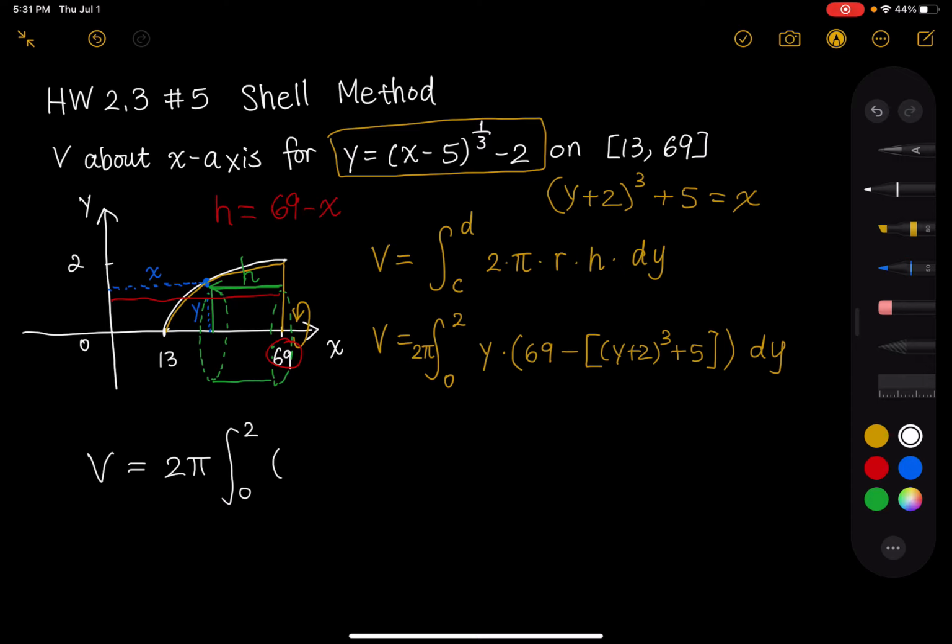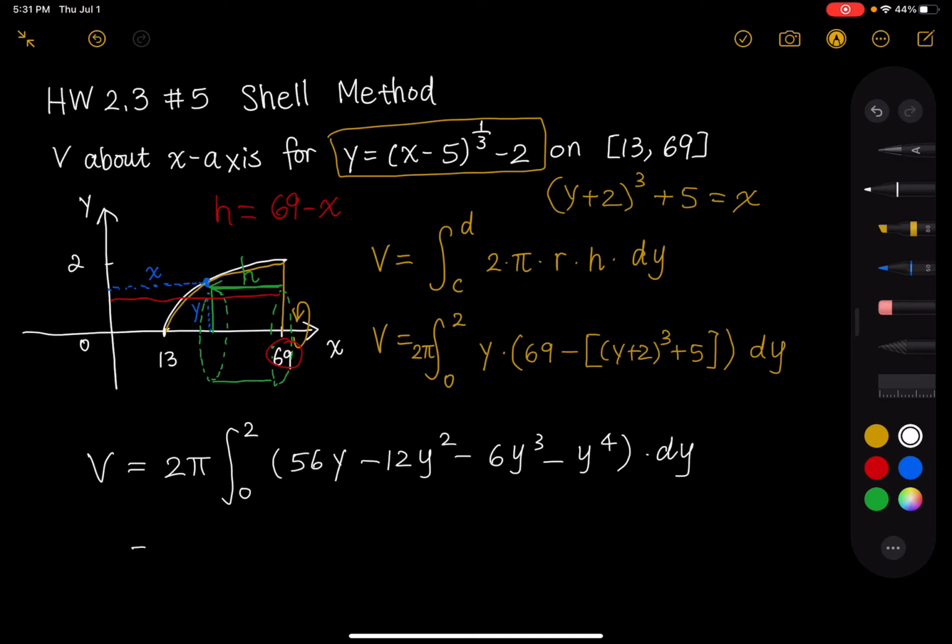So you expand this polynomial and simplify. You get 56y minus 12y squared minus 6y cubed minus y to the fourth power dy.